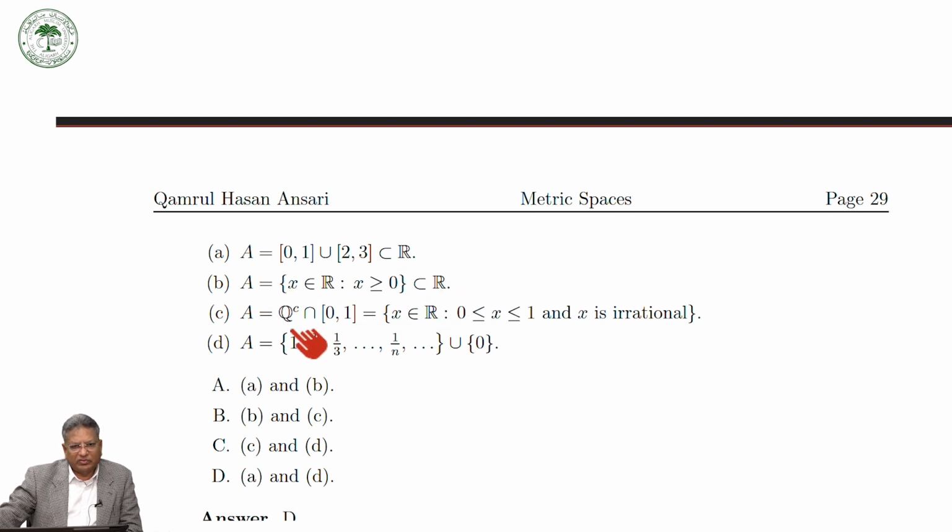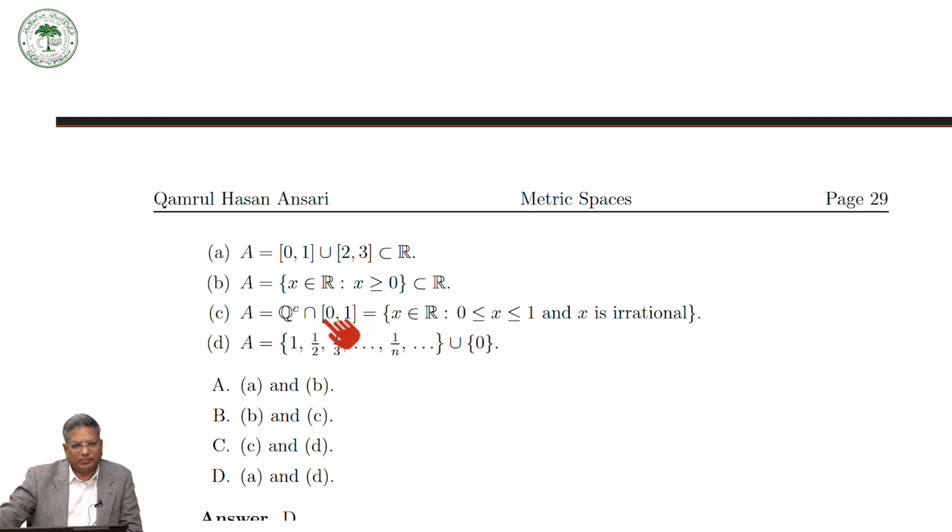Now we take all the rational numbers between 0 and 1. This is bounded but not closed.